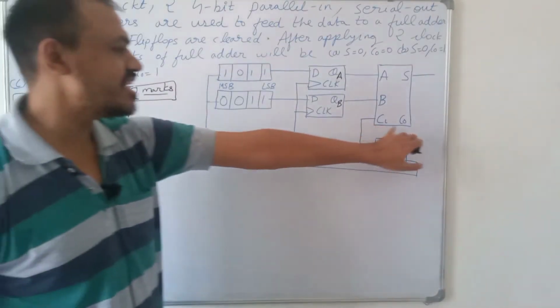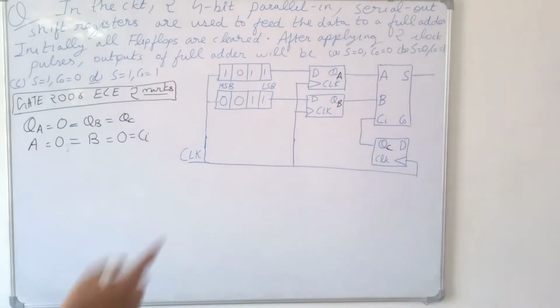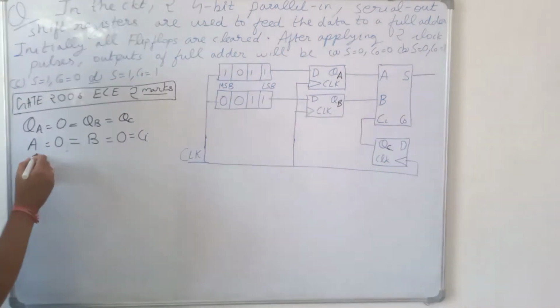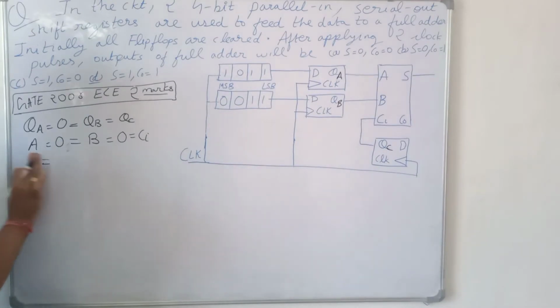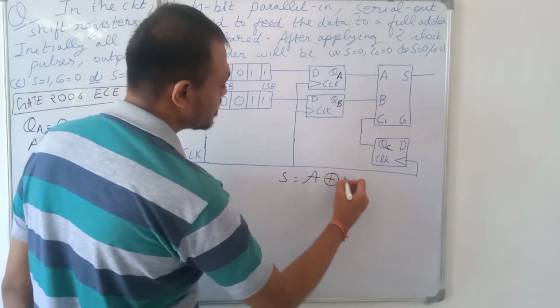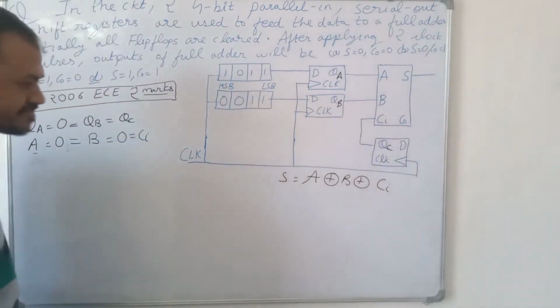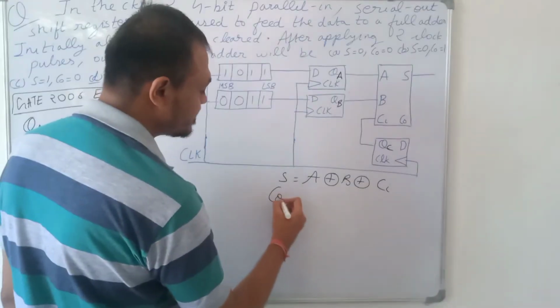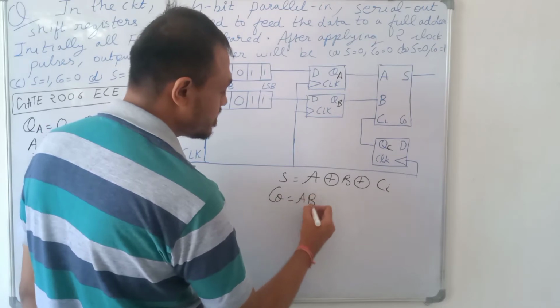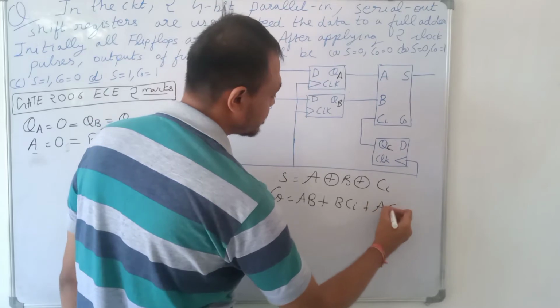So if Ci is equal to 0 then C0 will also be 0. Now the sum of the full adder is given by A XOR B XOR Ci, the carry input, and the carry out is given by AB plus BCi plus ACi.